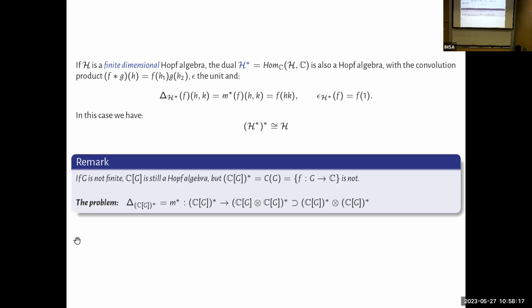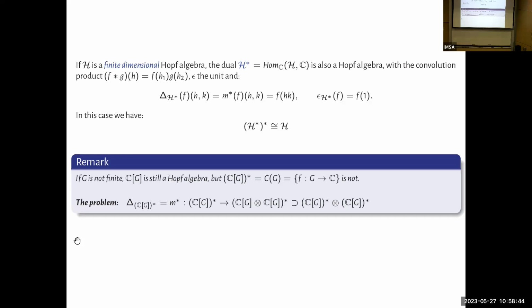Note that if the group G is not finite, the group algebra is still a Hopf algebra. But we have problems with the dual, because in this case the dual gives us all the functions from G to the complex numbers. But it's not a Hopf algebra, because if we want the comultiplication to be the transpose of the multiplication, note that this M star now takes values in the dual of the tensor product.